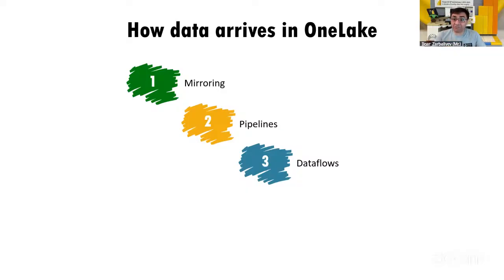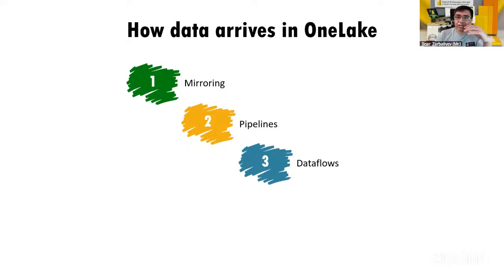Data flows leverage the familiar Power Query experience, allowing users to connect to data sources, apply transformations, and load data into OneLake. This approach is particularly useful for users who have experience with Excel or Power BI, as it uses the same Power Query technology they may already know.